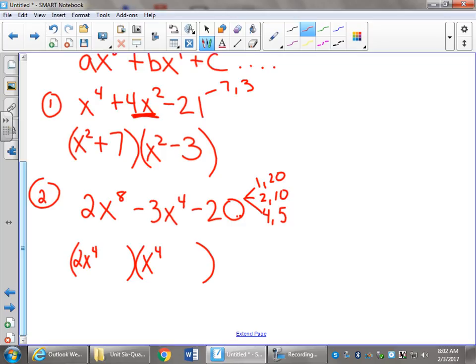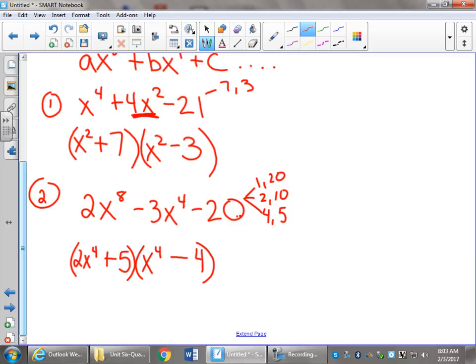So to get that, we're going to put, let's see here, a 4 here. Okay, so 2 times 4 when I check my outer will give me 8. And then if I put a 5 here, 8 and 5 can give me 3. So in order to get a negative 3, I want a negative 8 plus 5.